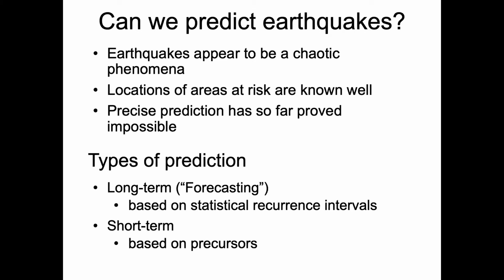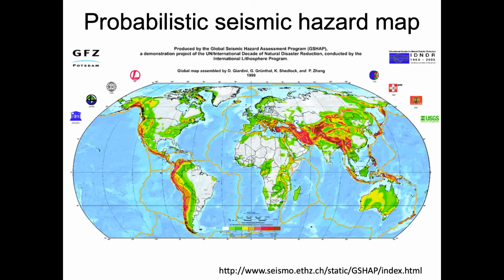Long-term forecasting typically takes the form of things like this: a probabilistic seismic hazard map for the whole world, where the reds and the oranges are the areas with the highest seismic hazard. The whites and the greens are where there is lower seismic hazard. You might be spotting that the plate tectonic boundaries are put onto this map.